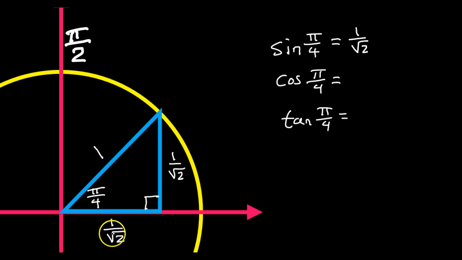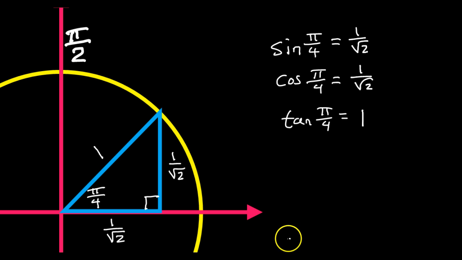Similarly, cosine is adjacent leg over the hypotenuse. And again, since the hypotenuse is 1, the cosine will just be 1 over radical 2. Now, tangent is defined as opposite over adjacent. Since these are both the same thing, anything divided by itself is just going to be 1. So those are the trig functions.